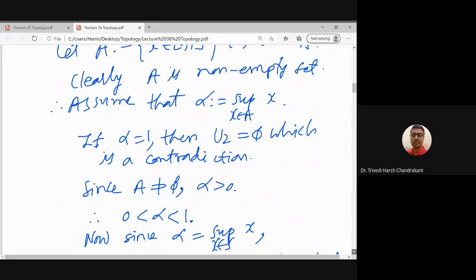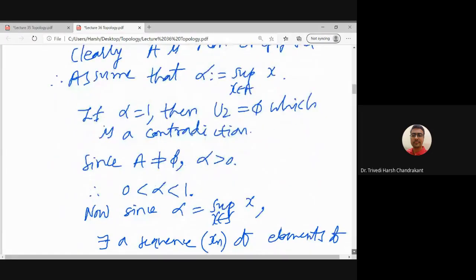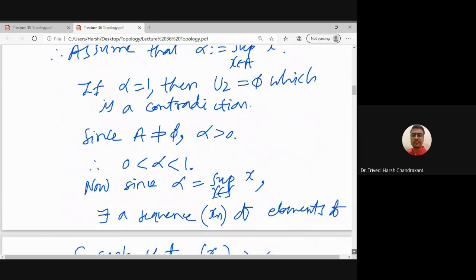The other case is alpha is any number between 0 and 1 and less than 1. Since alpha is a supremum, we know that every supremum is a limit of elements of the set.